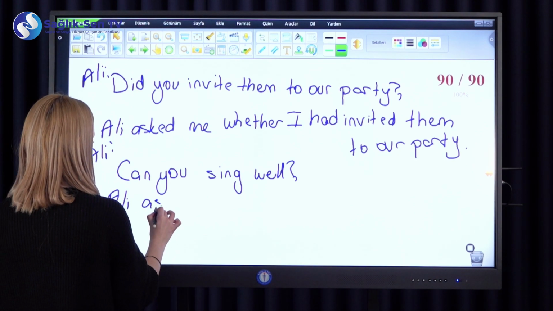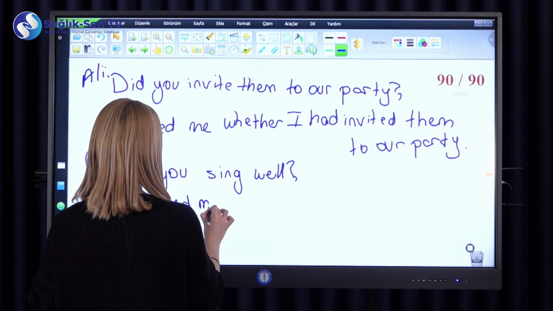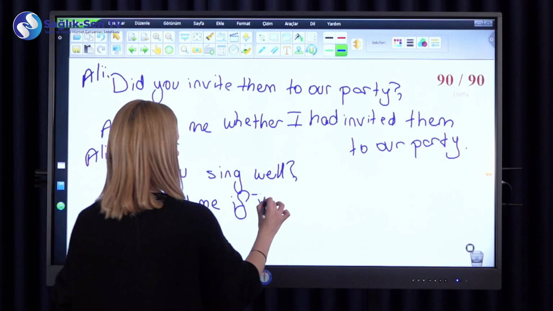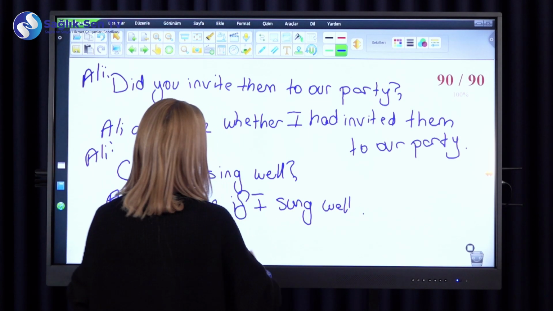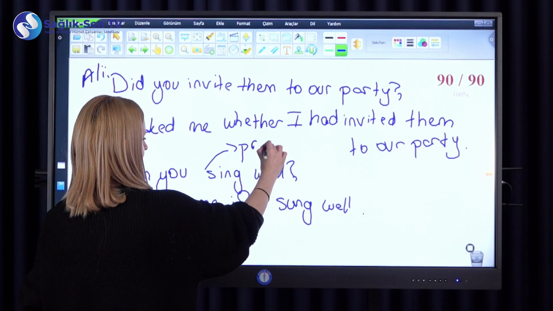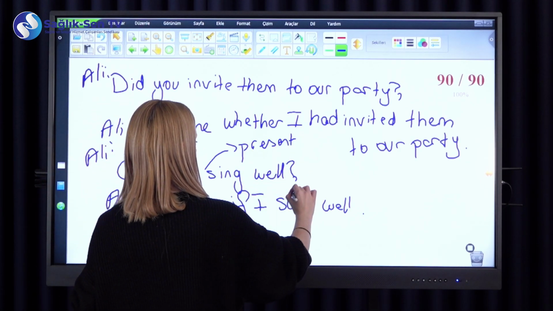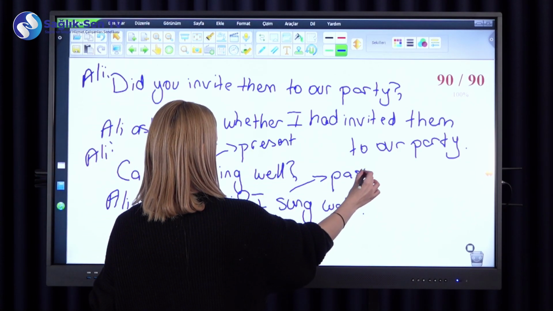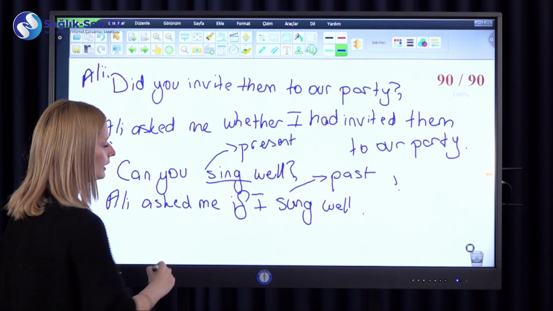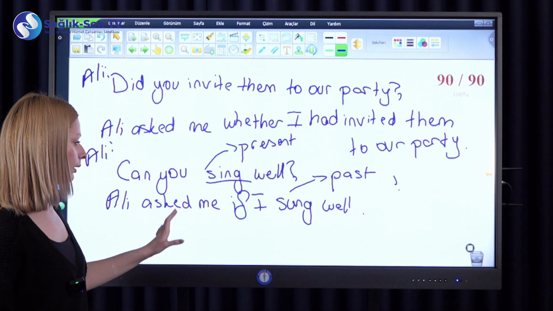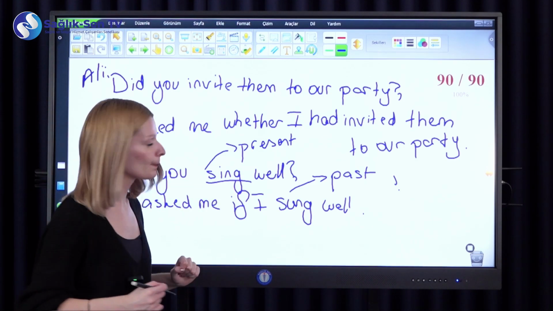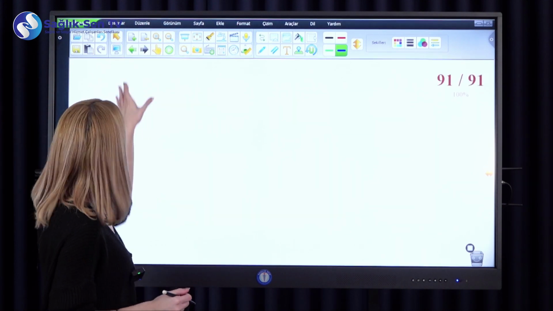Ali asked me if I sang well. This is present simple and this is past simple. Sing is an irregular verb and the third form of sing is sung, so I transferred it.